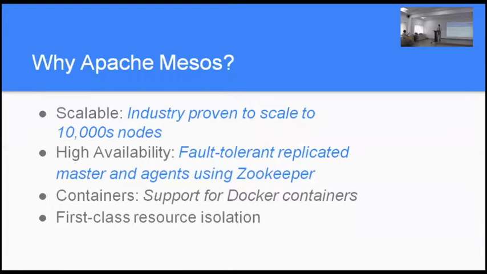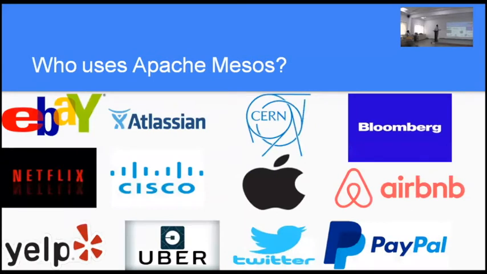So Mesos is a perfect example of something that came out of a university research lab, and then they saw potential in it in a cloud setting, and now it scales to more than 10,000 nodes. It's used in so many different companies. Just some examples are Uber, Netflix, eBay, Twitter, Apple, PayPal, and so on. They use this.